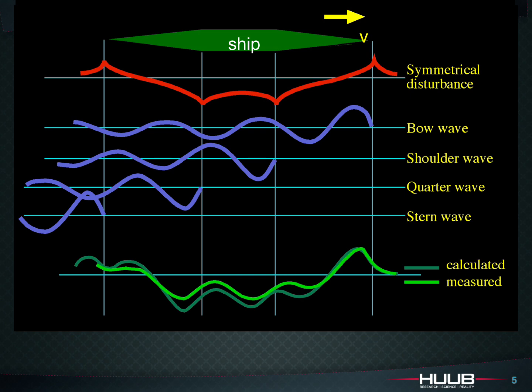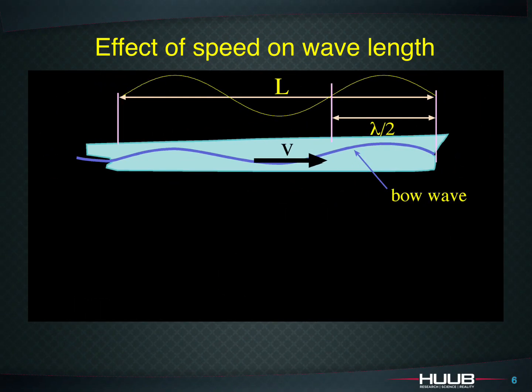Now it's interesting to look at what happens if the ship increases its speed, because there will be an effect of speed on wavelength. Here you see the ship traveling at speed v, and you see that there is a bow wave traveling along the length of the ship. What happens now if the ship speeds up?